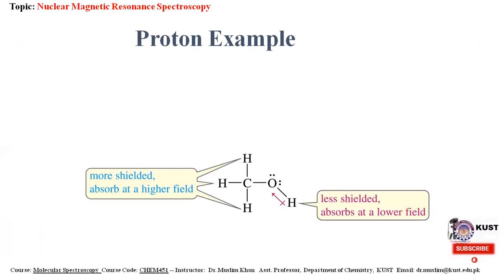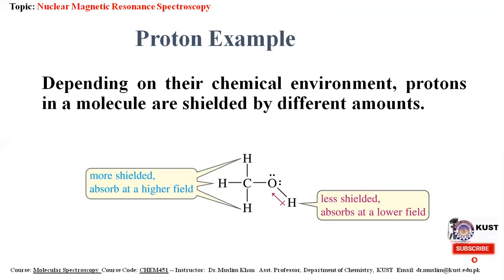For example, this is a methanol molecule. Methanol is CH3OH. These are the protons which are more shielded, because the electronegativity difference between carbon and hydrogen is not much.